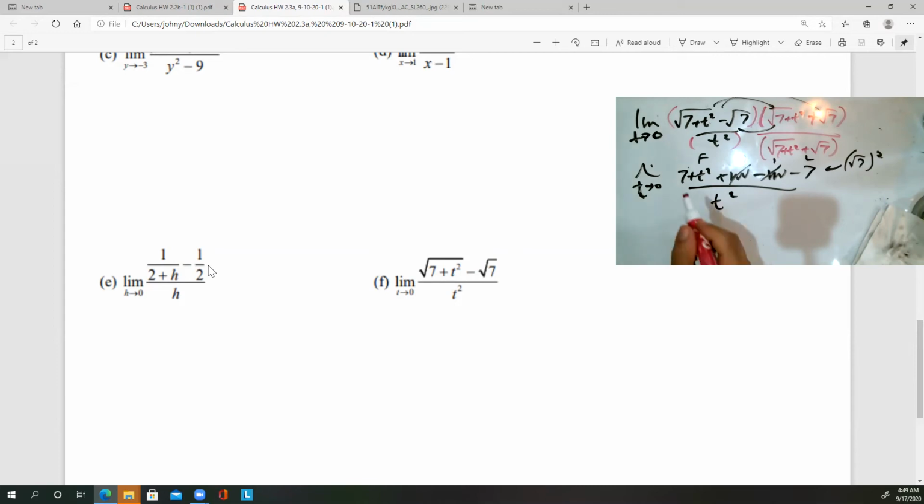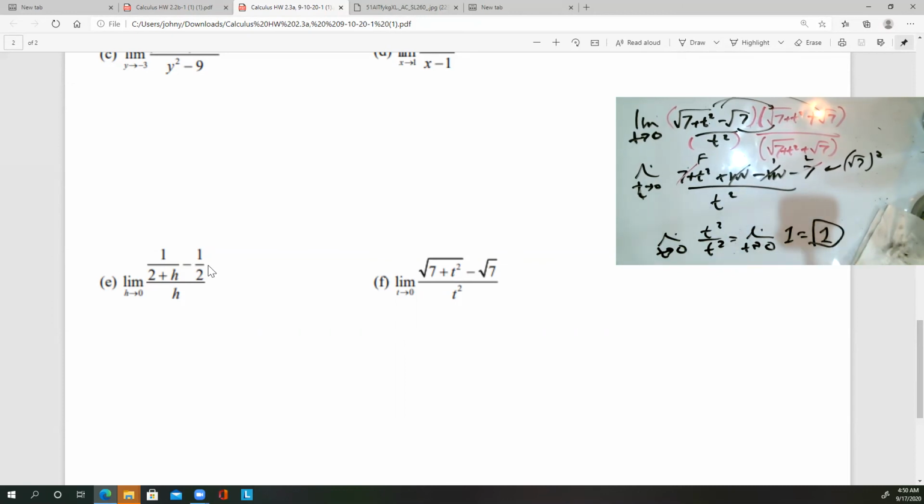Well, you have 7 plus t squared minus 7. The 7 is going to cancel out. And so you end up with t squared over t squared. The limit as t approaches 0. t squared over t squared is 1.